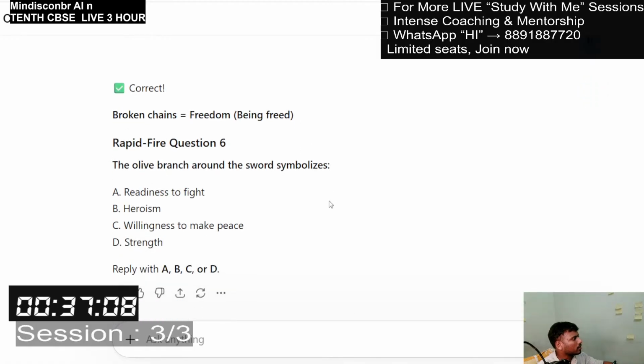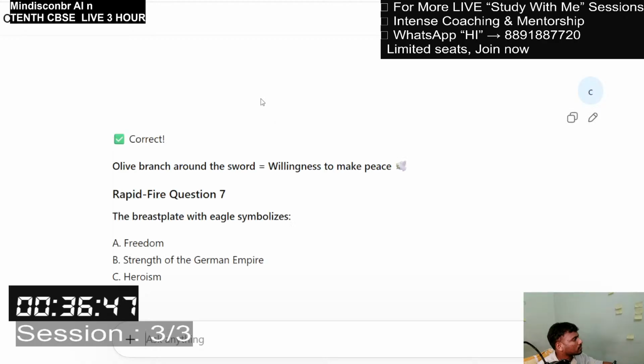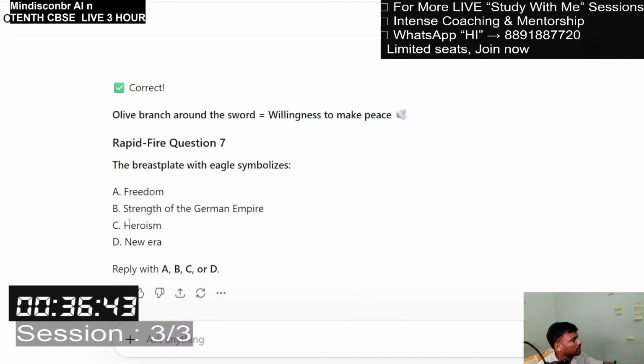Being freed. The olive branch around the sword symbolizes willingness to make peace. The breastplate with the eagle symbolizes the strength of the German Empire.